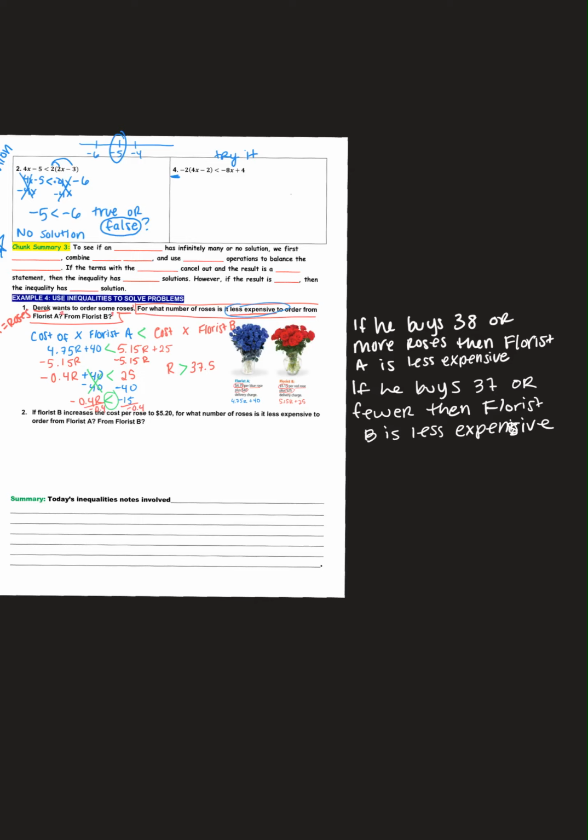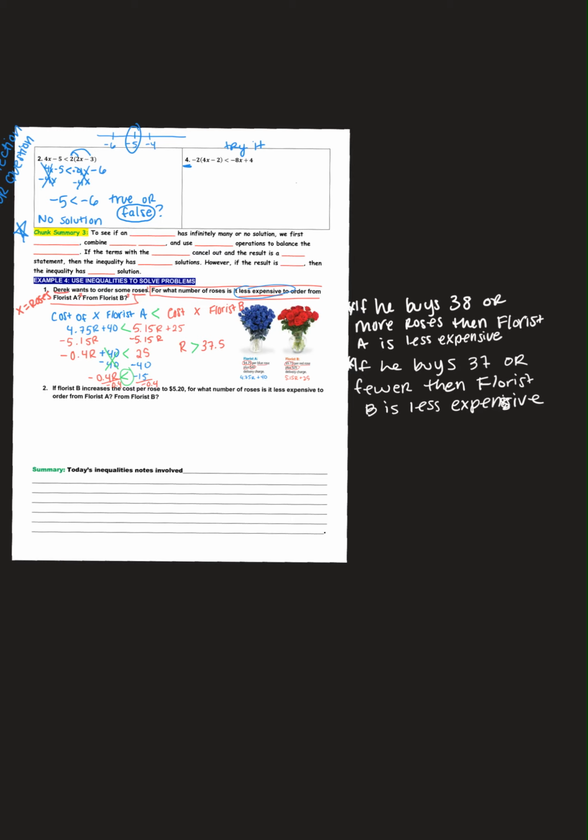So we put cost of florist A is less than florist B. So when we're talking about florist A, we know that whenever it's 38 or more, because R is being eaten by the alligator, it's less expensive to order from florist A, and it's more expensive to order from florist B. That means everything lower than 37 is the opposite. So these are your two answers to your two questions that it was asking you.